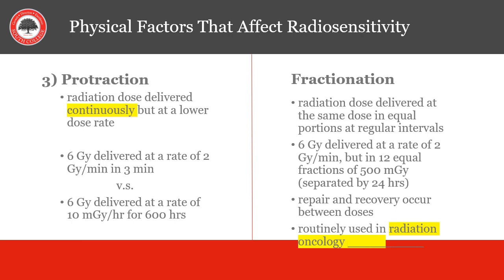They have the weekend even longer to give more time for recovery. And that is going to give equal treatment, the same effect that you have with protraction, but you're going to do it in intervals versus having someone lie there for 600 hours. Who could be there that long? And besides, they wouldn't feel too good either.